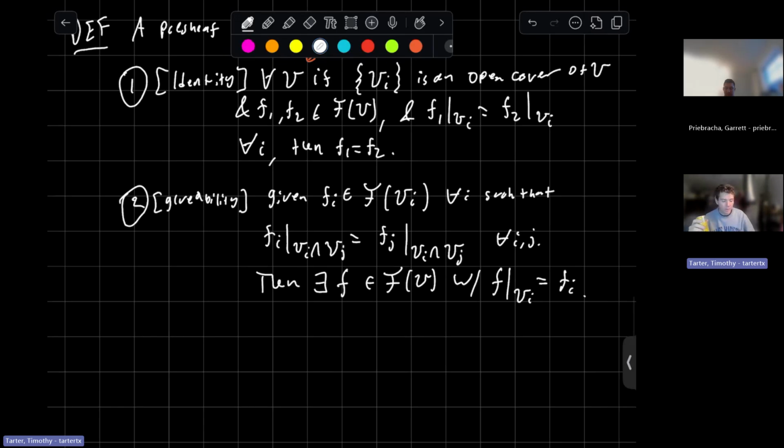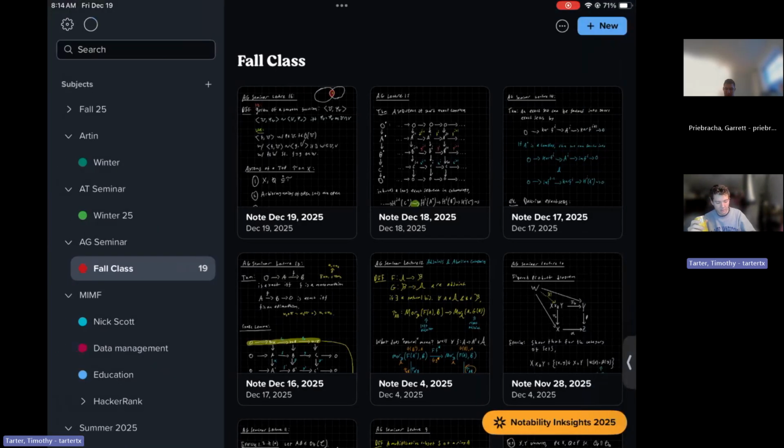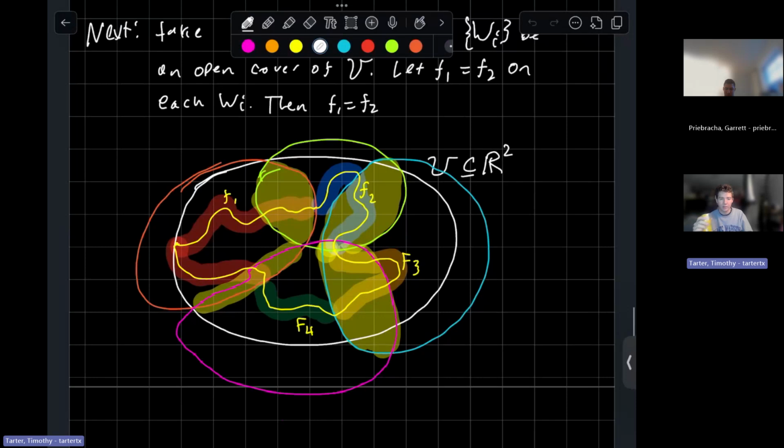This is a lot of notation, but this is basically the picture that we ended with here. We're given an open cover of our space, and things agree on the intersections, and we have this big function on the whole open set that also agrees on the intersections, and we can glue things together that way.